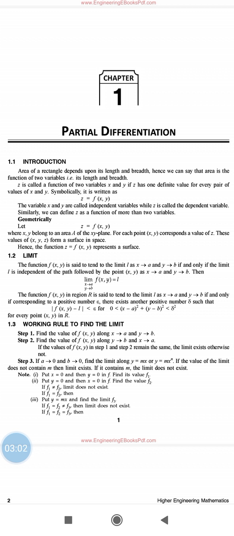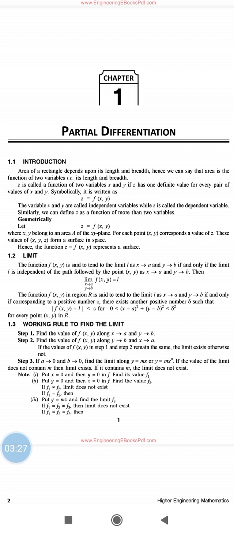The function f of x, y in the region R is said to tend to the limit L as x tends to A and y tends to B if and only if, corresponding to a positive epsilon, we can find another positive number delta such that 0 less than (x minus a) whole square plus (y minus b) whole square less than delta square.